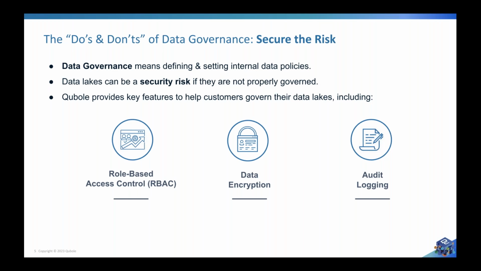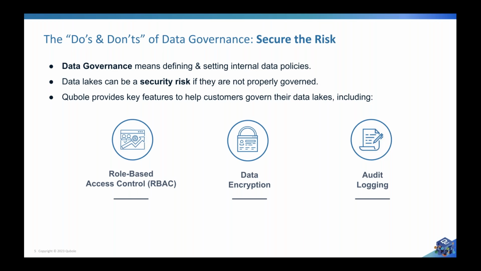As organizations are collecting more and more data nowadays, specifically personal information, credit card information, financial information, it shouldn't get leaked for whatever reason. So you have to make sure that the internal data policies are set correctly.